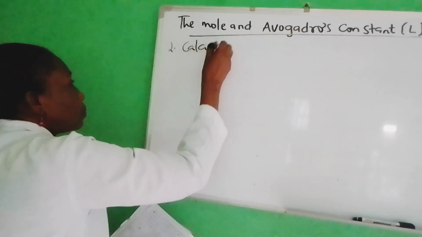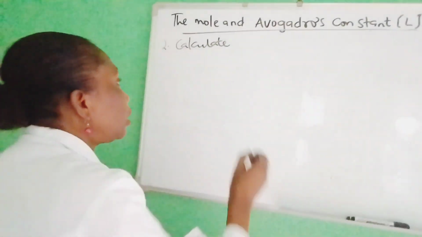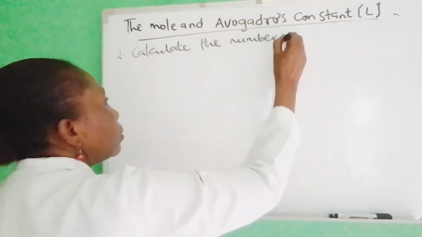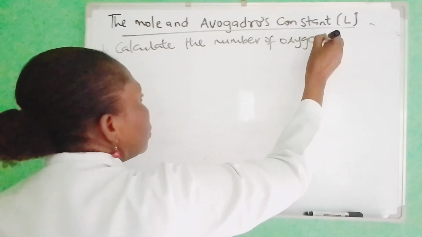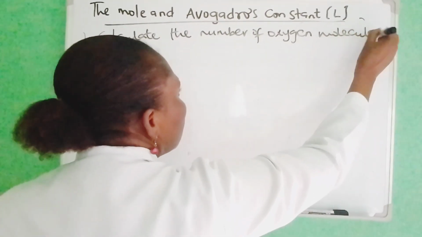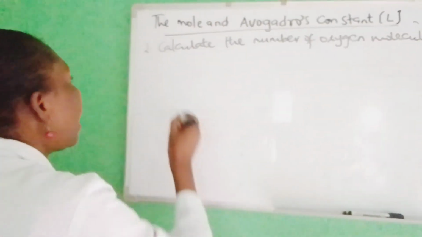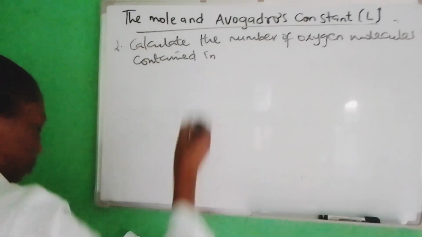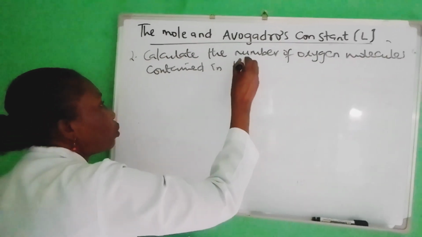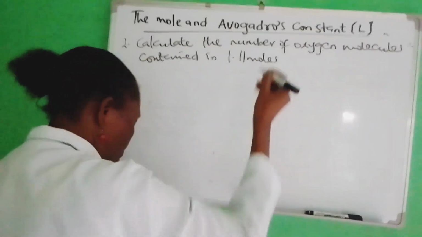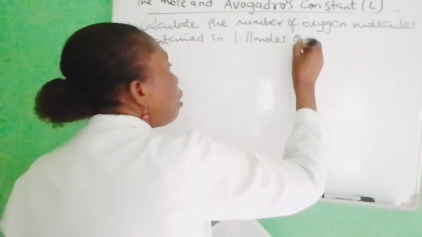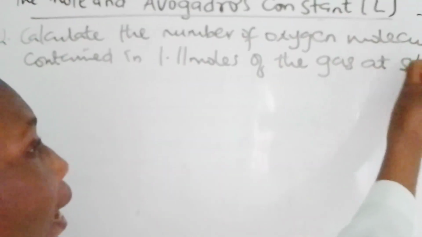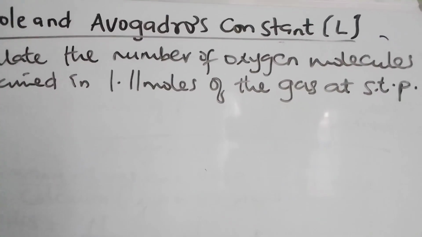The question we are going to treat here is this. Calculate the number of oxygen molecules contained in 1.11 moles of the gas at standard temperature and pressure.